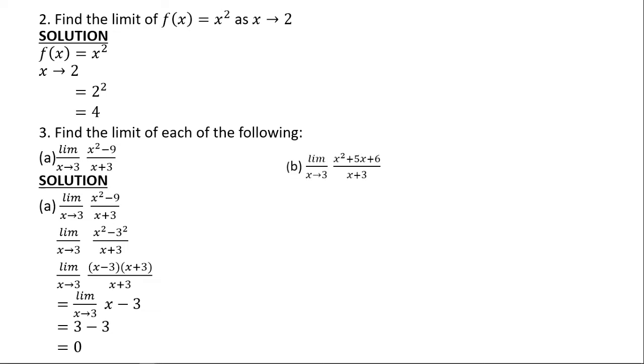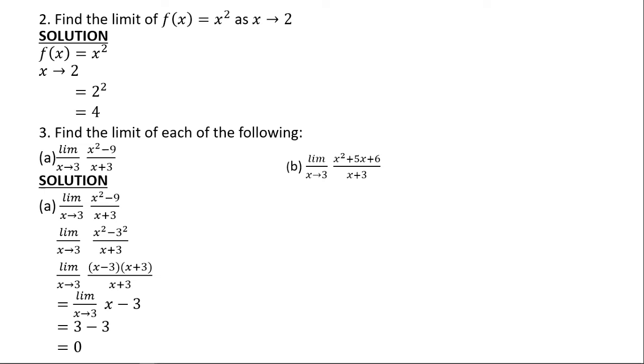Part B. Find the limit of x squared plus 5x plus 6 over x plus 3. x squared plus 5x plus 6 is a quadratic expression. So we are supposed to find two factors such that when we multiply them together they give us a 6, but when we add them together they give us a 5. Those factors are 2 and 3.